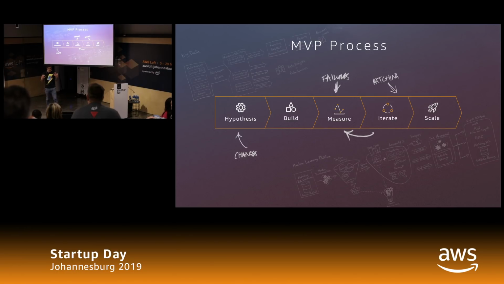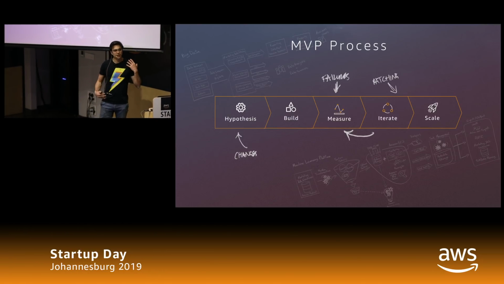Okay? And it could be referred to in slightly different ways. It could be MLP, so your minimum lovable product. But the whole concept is the same. Something that is small, you shouldn't need to build everything to get to the something usable for somebody. And it needs to be important and valuable for them. And it needs to actually be a product. It can't be you chasing around trying to do everything.